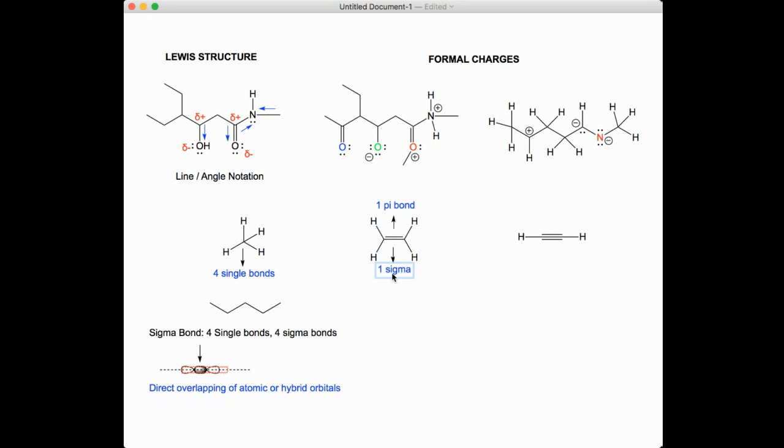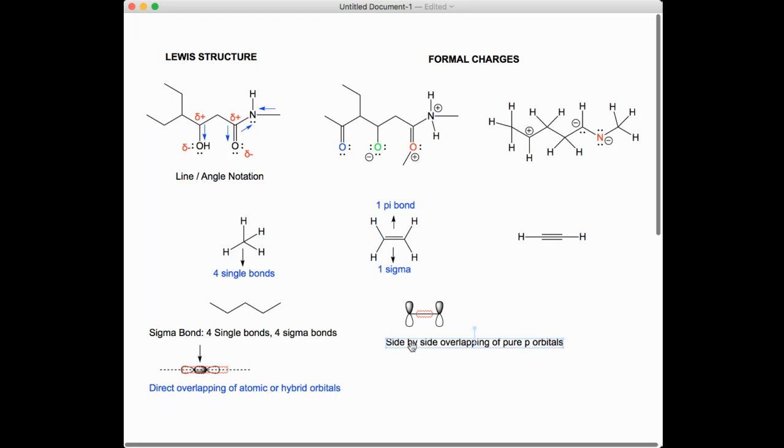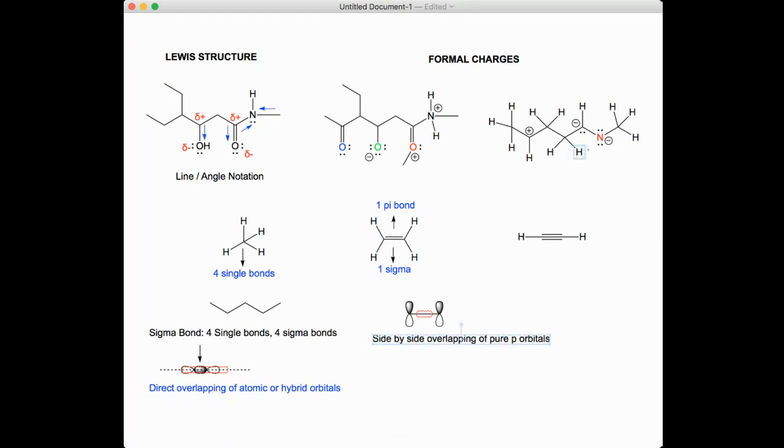Okay, so let's define exactly what a pi bond is. A pi bond is quite different from a sigma bond, and we will define a pi bond as side-by-side overlapping of pure p orbitals. That's a pi bond.